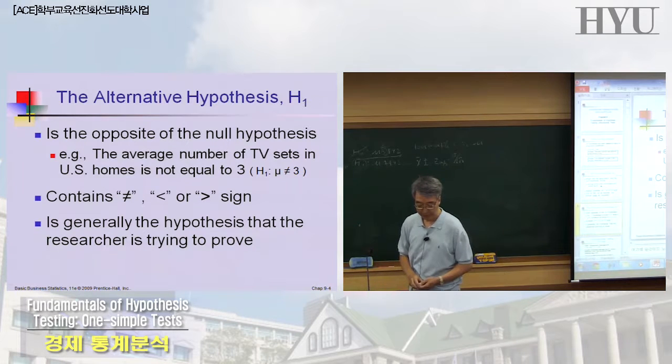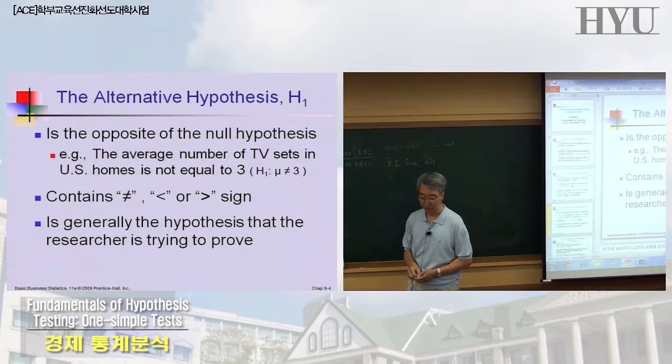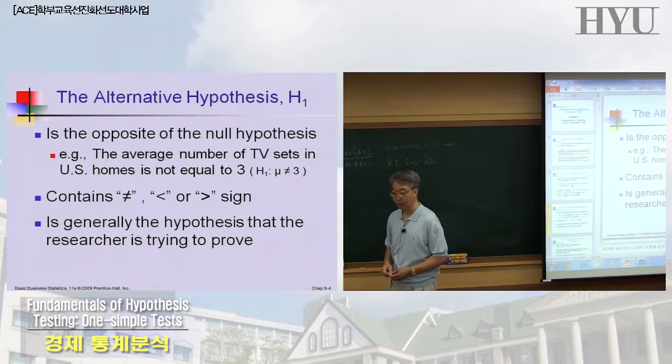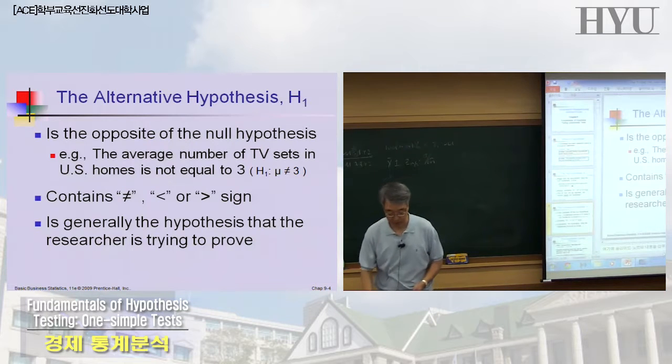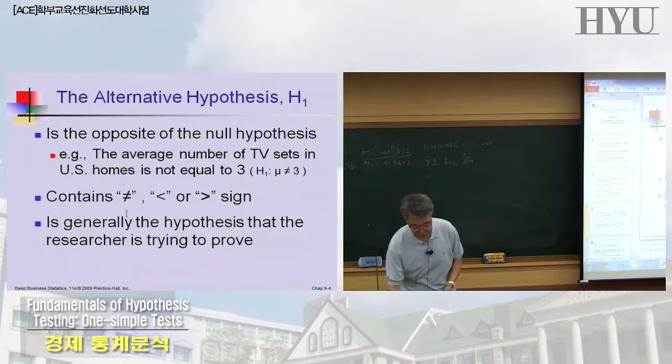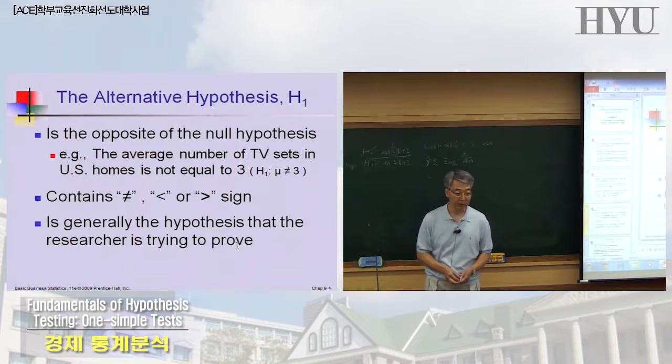So if someone claims that the average number of TV sets in a U.S. home is not equal to 3, this is the alternative hypothesis, because it says not equal to. The alternative hypothesis can contain not equal to, greater than, or less than. It cannot contain an equal sign. So if the alternative hypothesis was not equal to 3, then you can guess what the null hypothesis was.